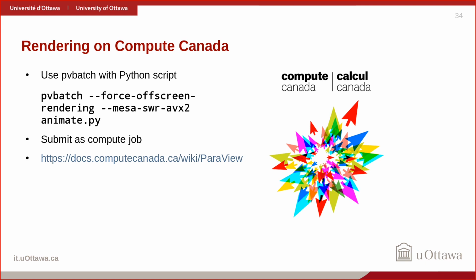So you can have a really high resolution, high quality video, do as complex things as you want, submit it to Compute Canada, they will do all the rendering for you. And at the end, you get your movie back and you don't have to stress your computer too much. It's all being done remotely. I put a link in here that tells you how to set it up. And if you have any questions about that, you can of course contact me as well.